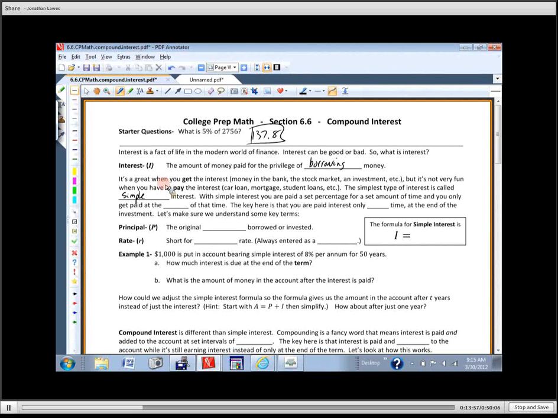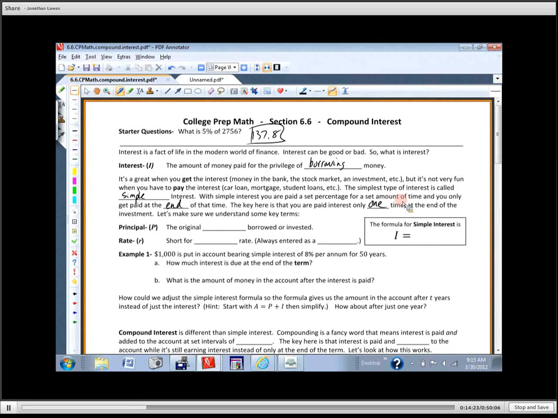Nice, easy name. With simple interest, you're paid a set percentage for a set amount of time. And here's the key, you're only paid that interest at the end of that time. They only pay you interest once. So one time.